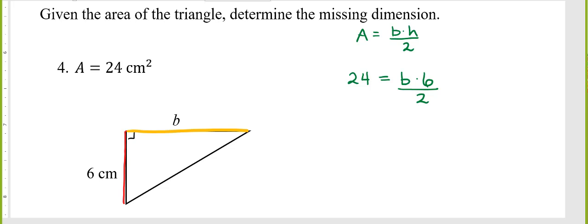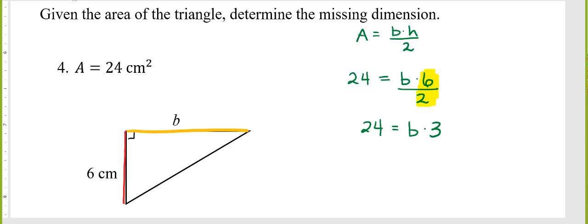Could we simplify this right-hand side first? What's 6 divided by 2? 3. So let's write that as 24 equals B times 3.